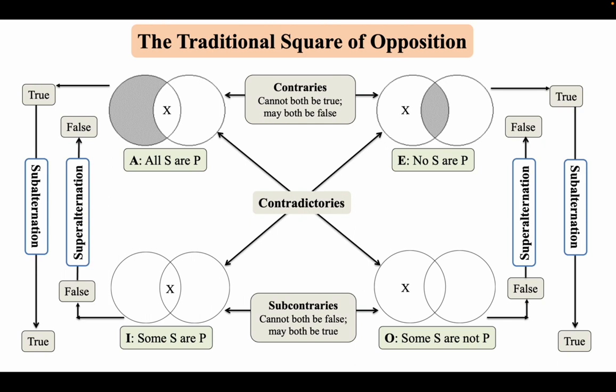The x cannot be taken away. Some S are P, that's the only way to diagram such a statement. Some must be diagrammed by an x, and some S are not P also requires an x.